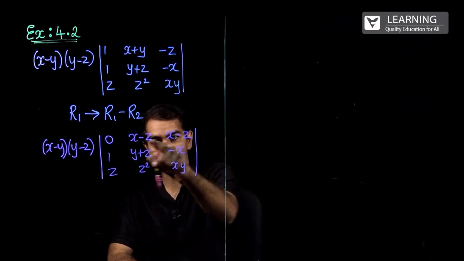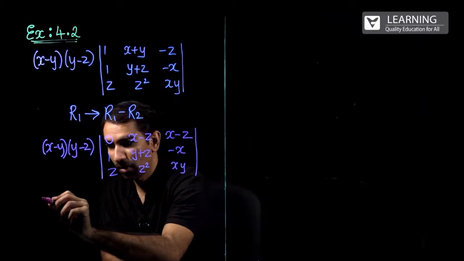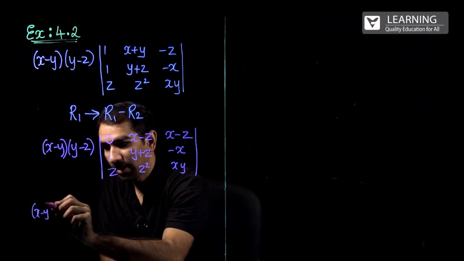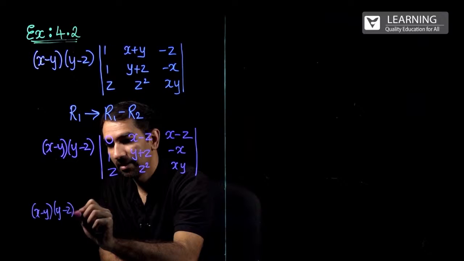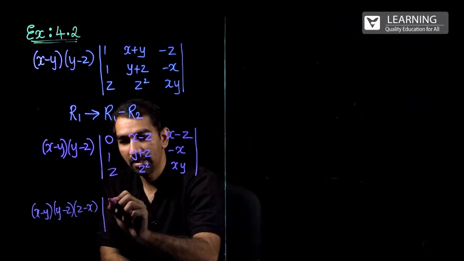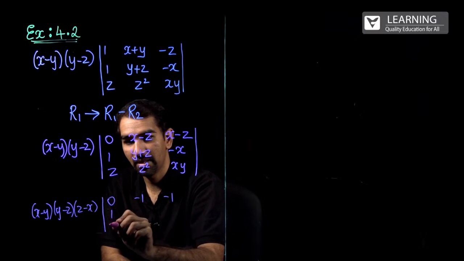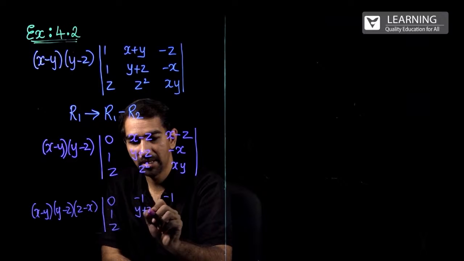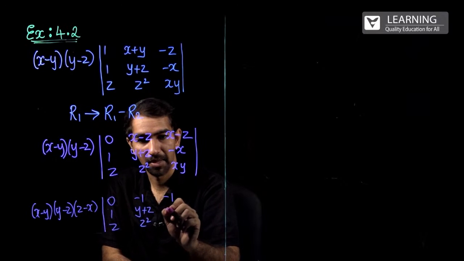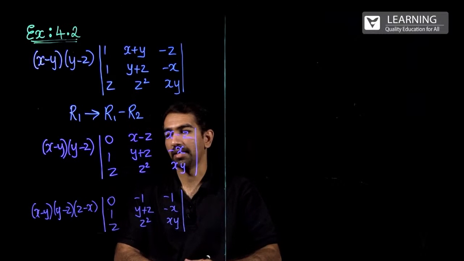So from the entire first row, we are going to take z minus x outside. So outside what we'll write now? x minus y, y minus z, and here we'll write z minus x. What will happen? 0, minus 1, minus 1. So this is 1, z, y plus z, z square, minus x, xy. This is what will remain inside.